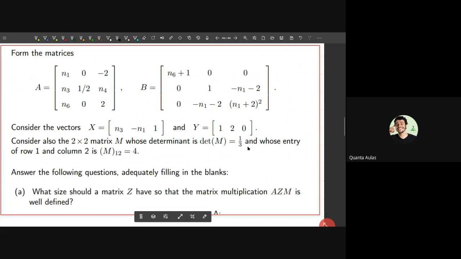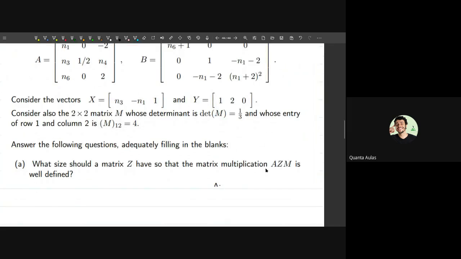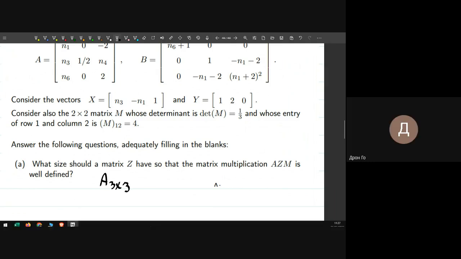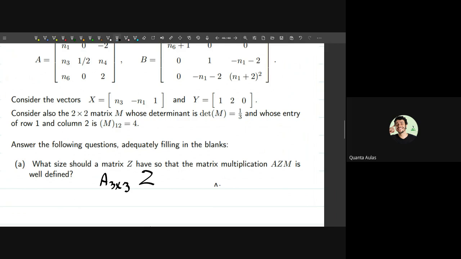Okay. So if you pay attention, we have 3 by 3. Z, we want to know. We need to know. And M, what's M? M is a matrix 2 by 2.